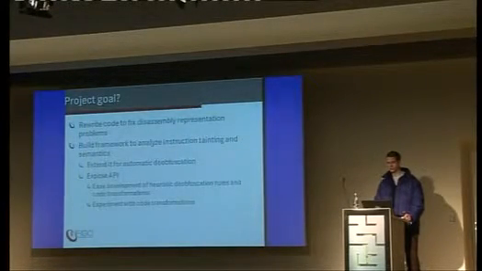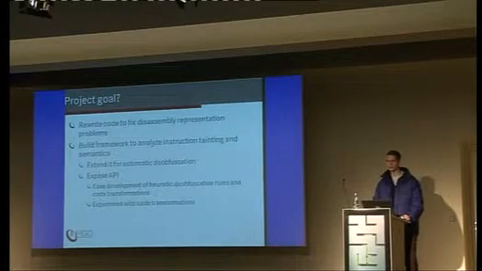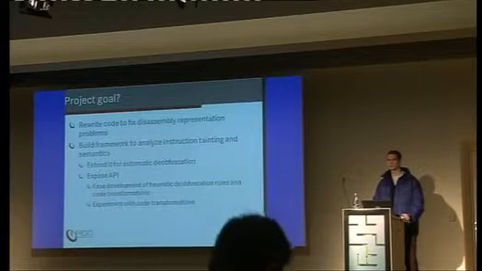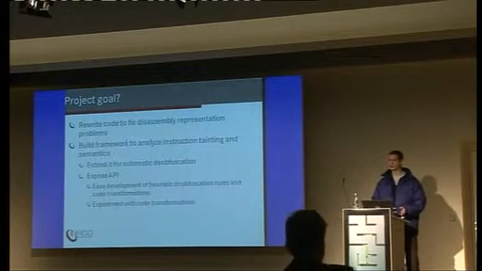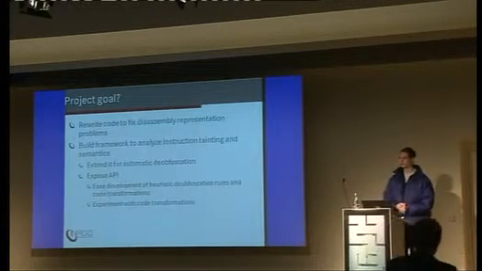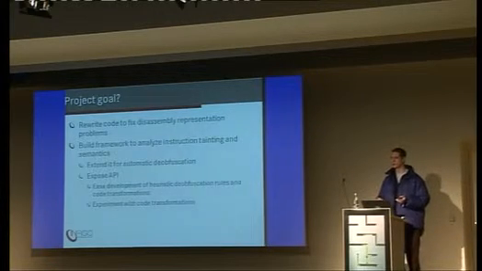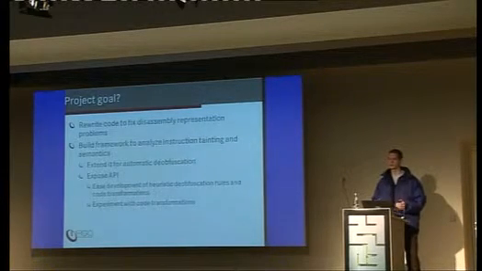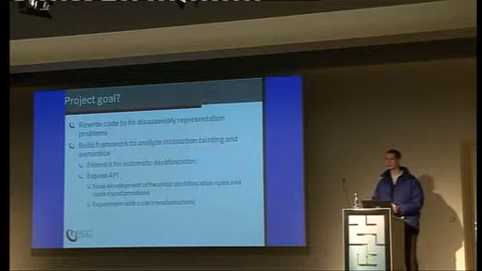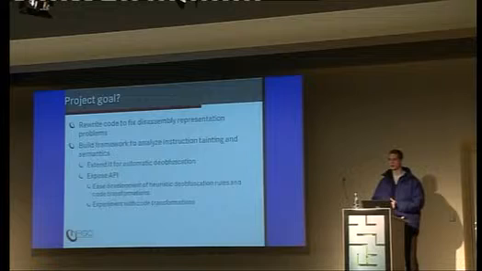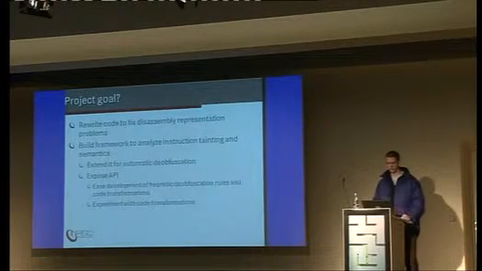The next goal was to build a framework to analyze instruction tainting and semantics. You have your algorithms that work on assembly, and you would like to somehow lift the assembly representation to something that doesn't contain all the hidden operands and flag tainting that isn't visible in the assembly listing, and automate this process as much as possible. Then extend it for automatic deobfuscation.